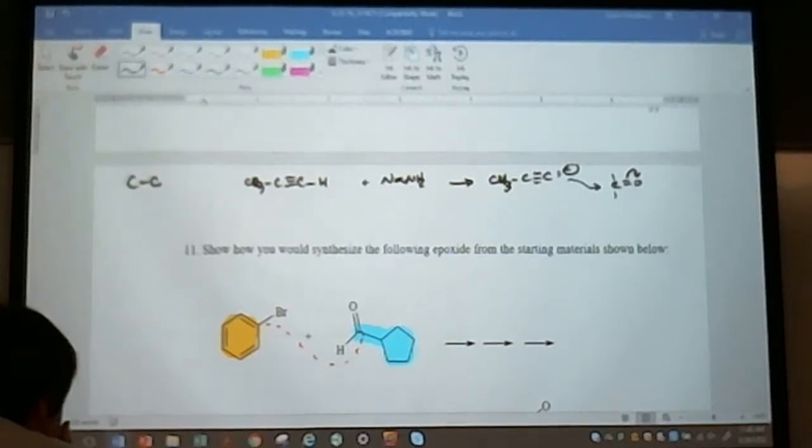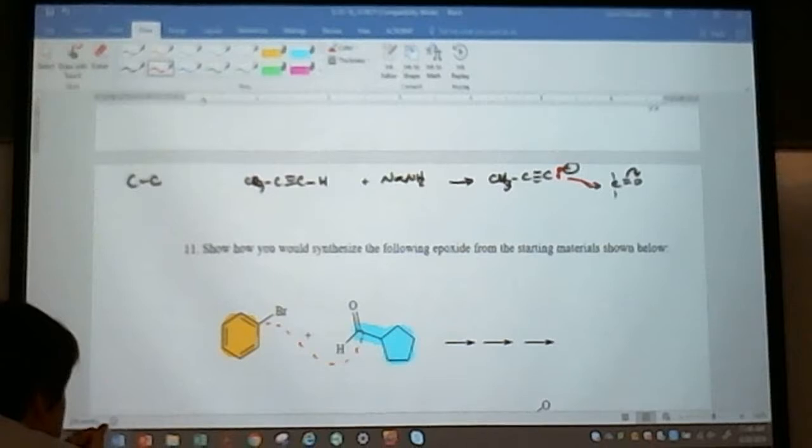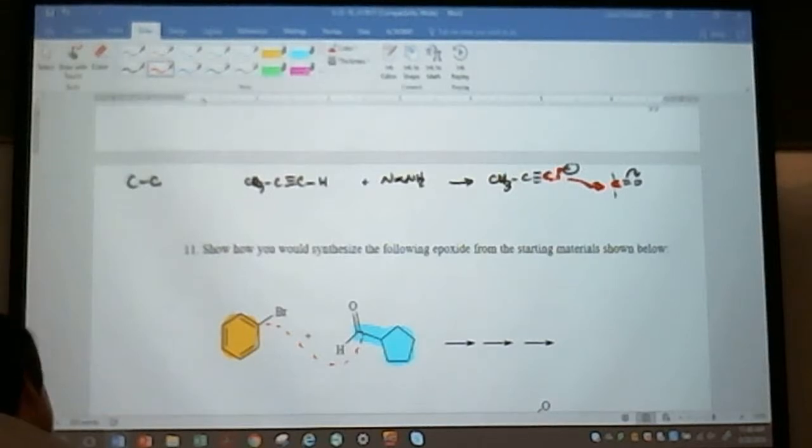That's this reaction here, using these two electrons to form a bond between this carbon and this carbon, allows you to make a carbon-carbon bond.